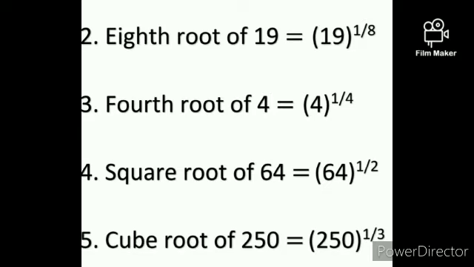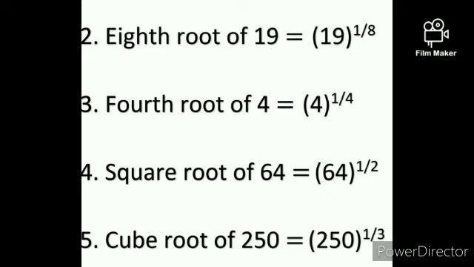So it has to be written as 4 raised to 1 upon 4. Next, square root of 64. 64 in the bracket. Square root means 1 upon 2. 1 is your power, 2 is your root. So 64 raised to 1 upon 2.